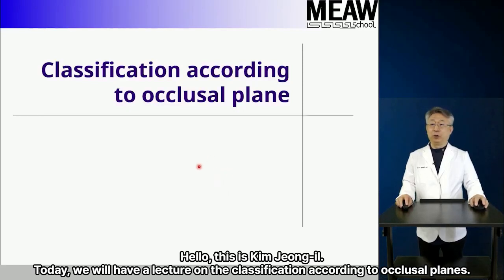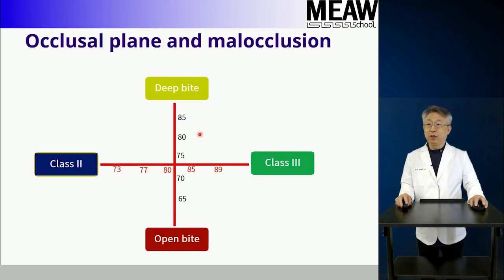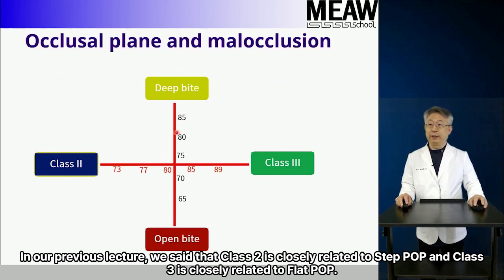Today, we will have a lecture on the classification according to occlusal planes. In our previous lecture, we said that Class 2 is closely related to steep POP and Class 3 is closely related to flat POP.